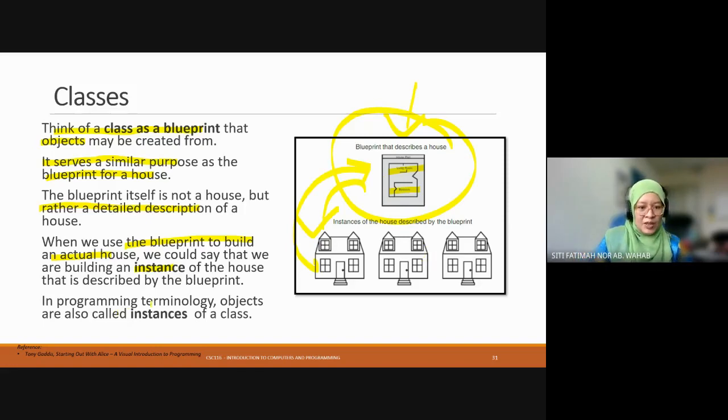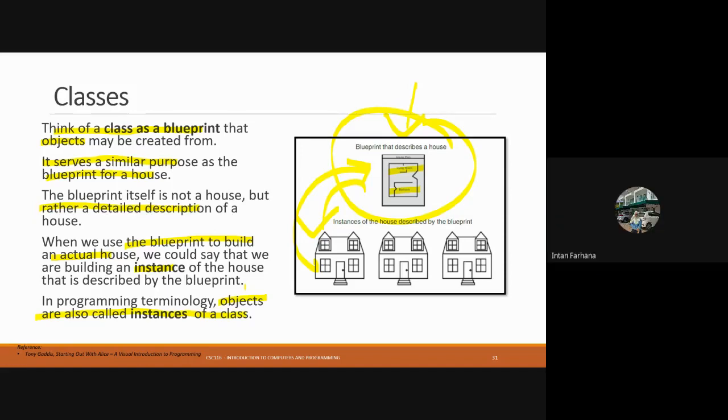In programming terminology, objects are also called instances of a class. So daripada kelas, bila kita ambil, kita jadi objek. Tapi kalau daripada objek tu dia beranak lagi ke bawah, kita panggil dia kelas pula, yang bawah tu adalah objek. Boleh faham? Boleh faham tak? Boleh.